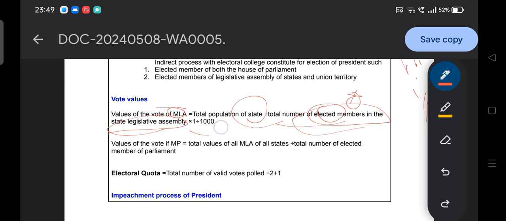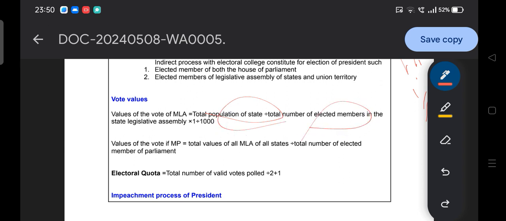So this is the vote value of the MLA. If they ask what the vote value of the MLA is, you have to remember: total population of the state divided by the total number of elected members in the state legislative assembly, multiplied by 1 by 1000.